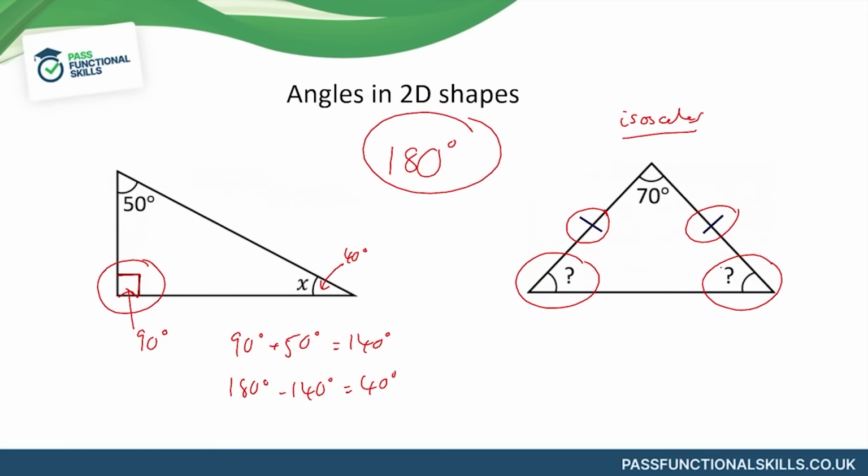We can work out what these angles are because they're the same. The angles of any triangle add up to 180, so if I take away the 70, I'm left with 110 degrees. And since these 2 angles here are identical, all I need to do is divide 110 by 2. That tells me that each angle is 55 degrees. And if you're not confident with that, then just add up 55 plus 70 and you'll get 180.